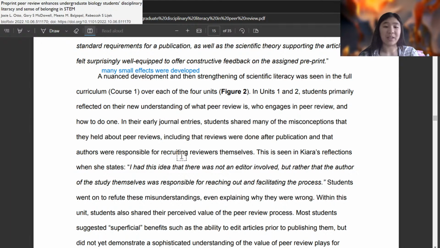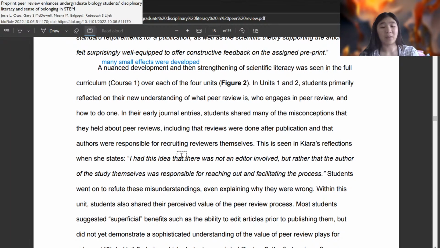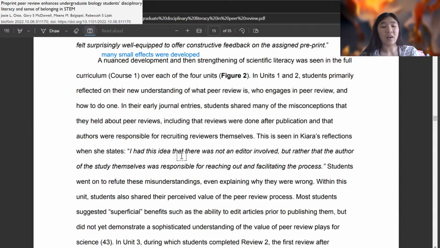In their early journal entries, students shared many of the misconceptions that they held about peer reviews, including that reviews were done after publication and that authors were responsible for recruiting reviewers themselves. So these are 2 misconceptions. Misconception 1 and misconception 2.